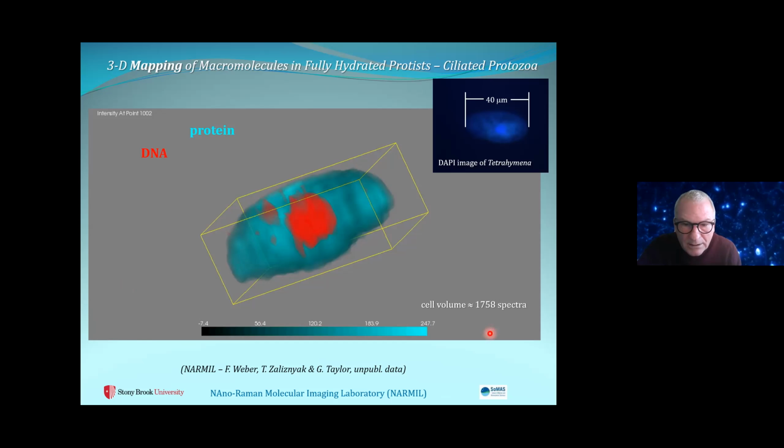Anyway, we can look at it in sections in any axis we want: longitudinal, sagittal, cross section, and look for distributions of lipids, isotopes in a SIP experiment, DNA, and so on. So what we're seeing is macronucleus, micronuclei, and perhaps even food vacuoles that have DNA. So we were very excited by that. And this is a cell that's 40 micrometers in diameter.